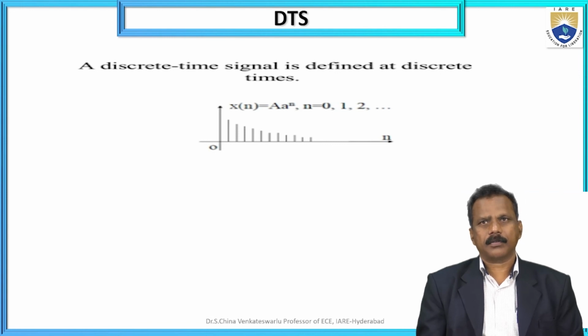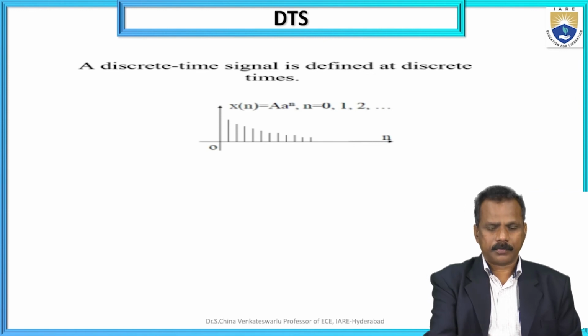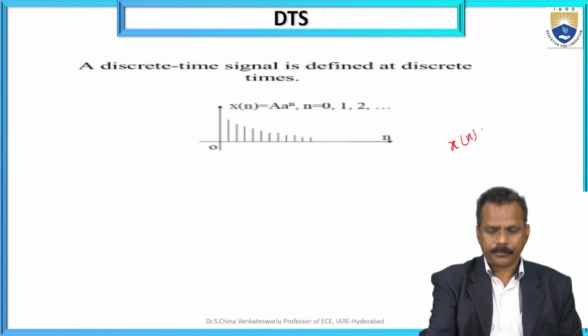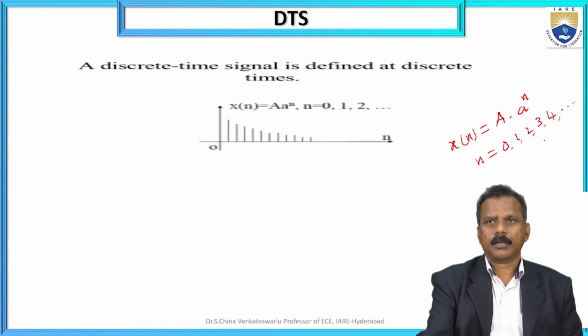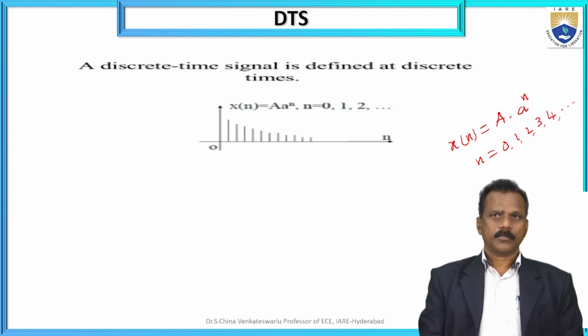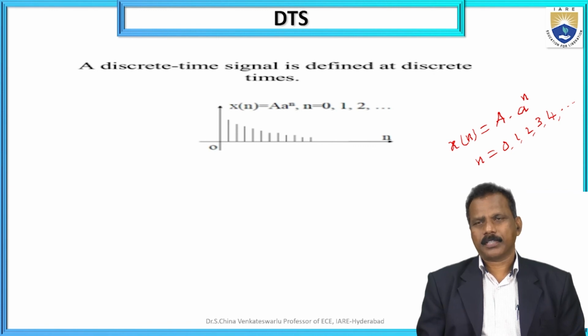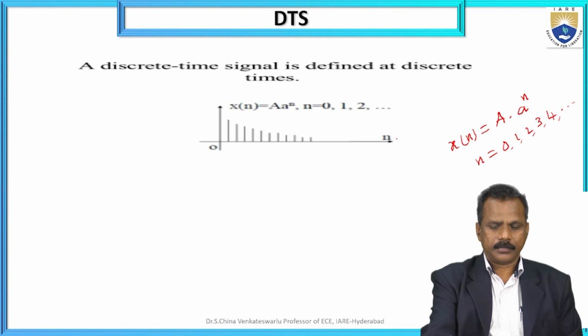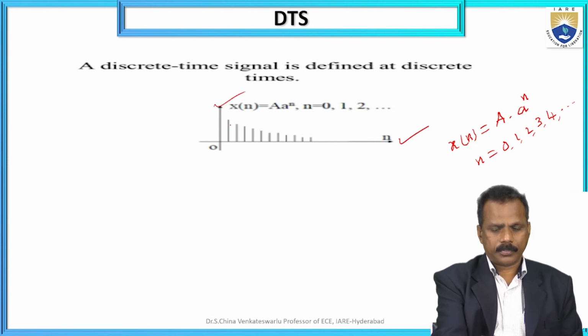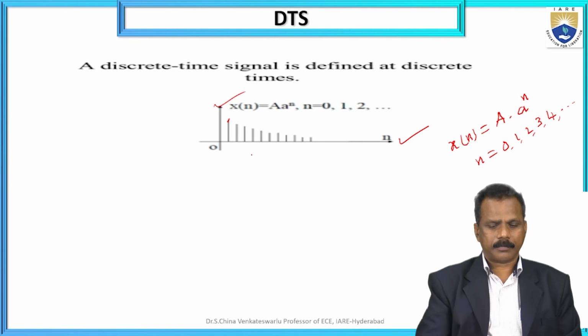We know that x of n is equal to a into a power n, where n is equal to 0, 1, 2, 3, 4, and so on, and we substitute the n values. So we observe the discrete time signal at discrete times, n versus x of n.